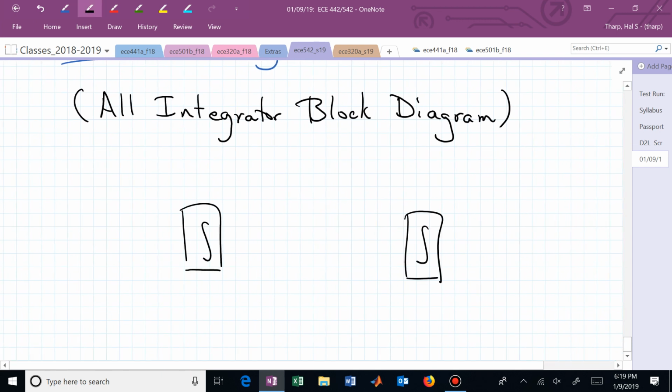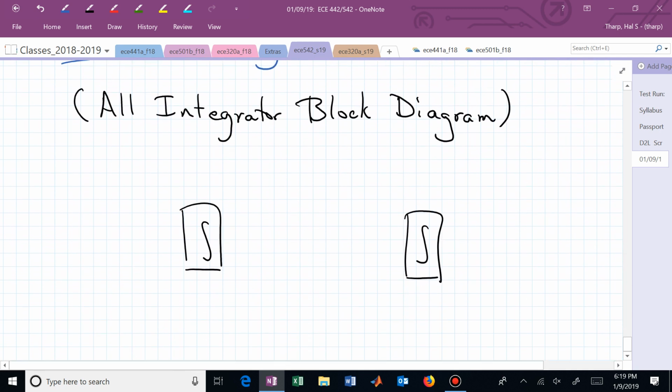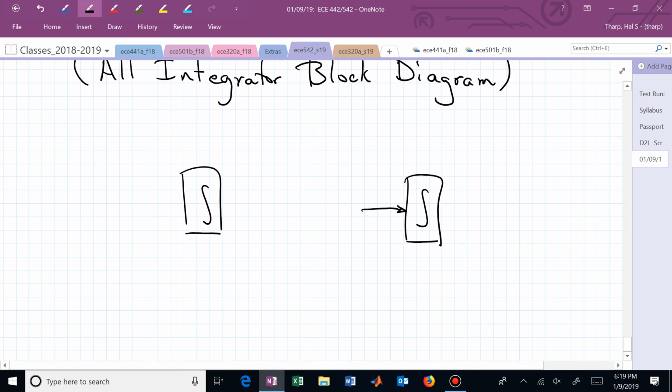This all-integrator block diagram then is going to be consisting of two integrators, and now we simply need to interconnect those integrators somehow. Let's look at the second equation. If I now feed in to this integrator and I make this x sub 2 prime of t, what's going to come out of that integrator?